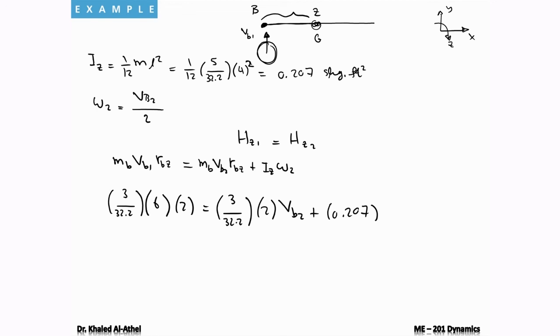Now, instead of writing the unknown as omega, I'm going to write omega as V_B2 over 2, in terms of capital B. So this is my first equation with two unknowns: the final velocity of the ball, and the final velocity of point B.